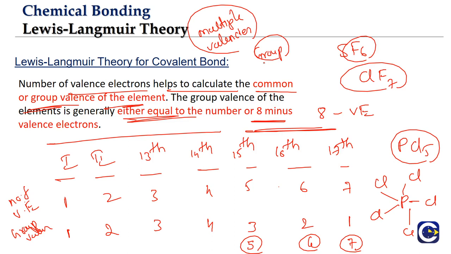For the 15th, 16th, 17th groups, they can have 8 minus the number of valence electrons as the covalency, or sometimes they can even have molecules where the covalency is equal to the total number of valence electrons itself. So this is the concept of covalency as per the theory of covalent bonding from the Lewis-Langmuir theory.